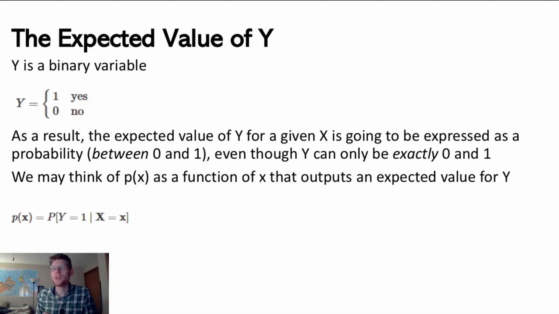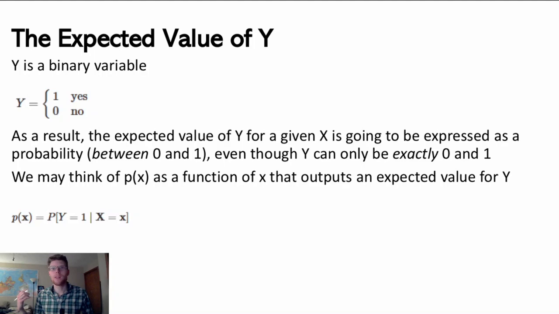As a result, the expected value of y here is going to be represented as a probability between 0 and 1. Given some information, I recognize that not every response is going to be 1 or every response is going to be 0 given some set of predictor values. There's still probability, just like if we're trying to predict the likelihood that it rains, different weather conditions might increase or decrease that likelihood.